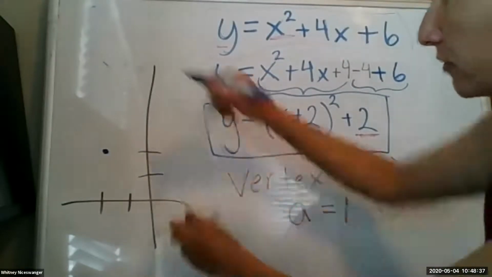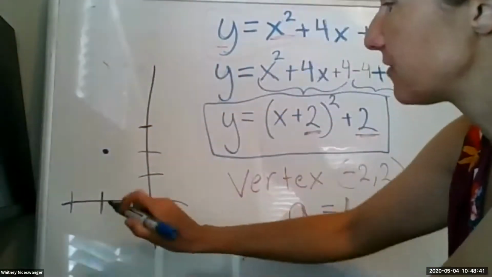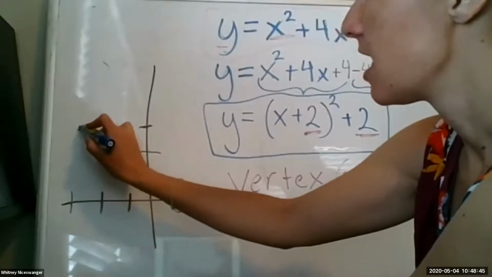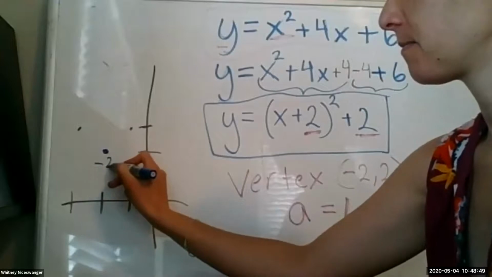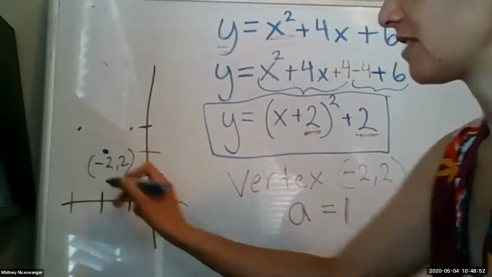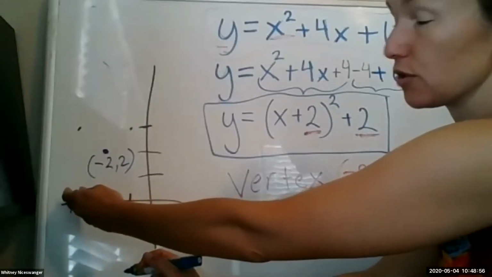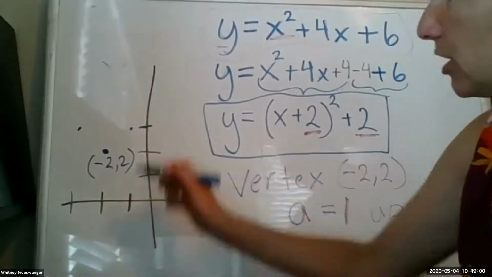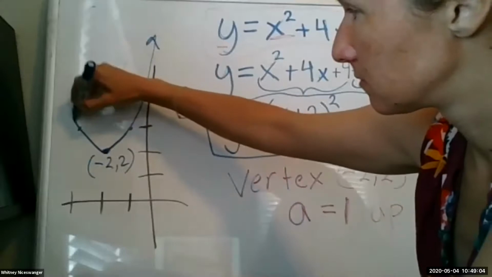So that means the first step to the right and to the left just pops us up 1 and 1. Another way to do this, once you've identified your vertex, you can just plug in an x value to the left or to the right of that vertex to kind of guide you in opening your parabola.